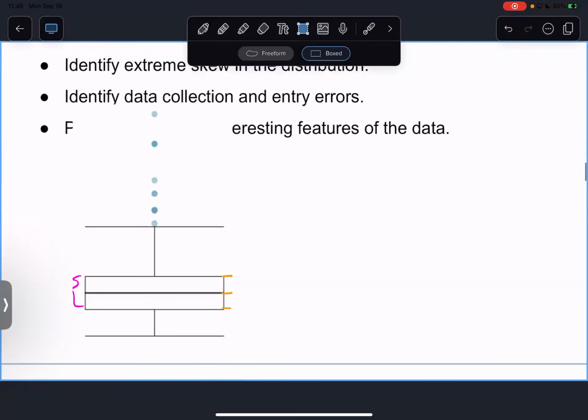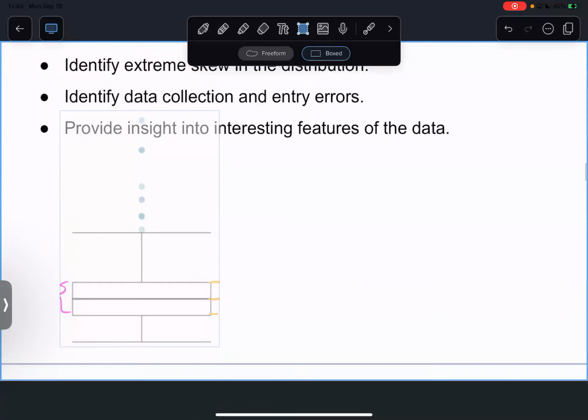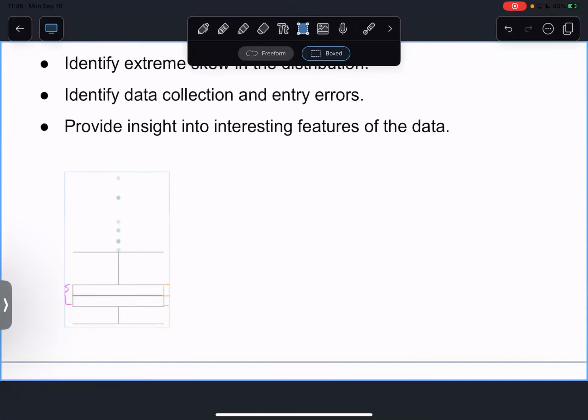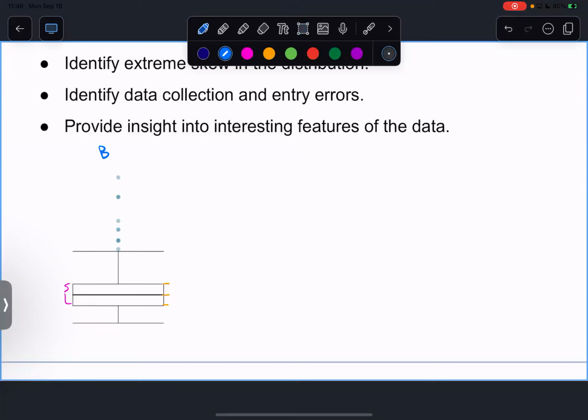When you're just starting, it's really difficult to map this from a box plot to a potential histogram. Can't spell anymore. Can't write either. But what are we going to do?